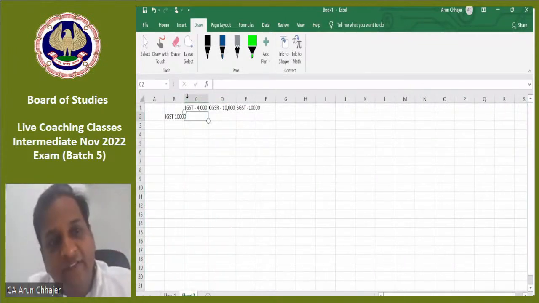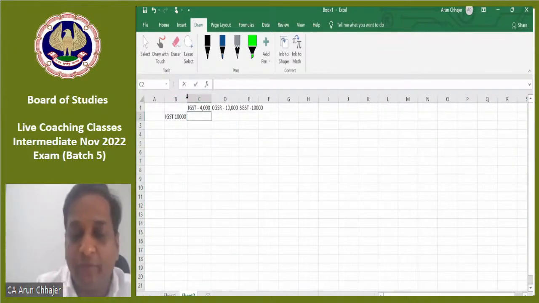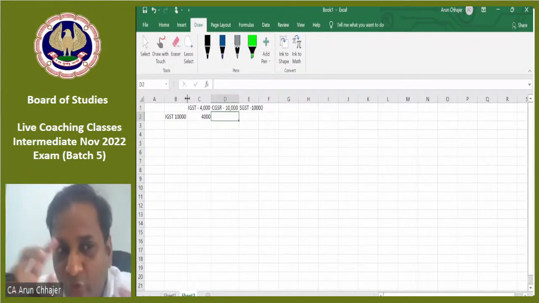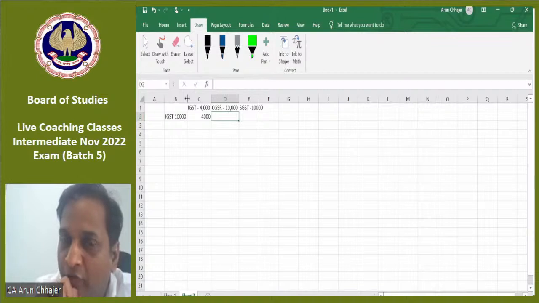So I first take from CGST. No, it will take first from I. And what is the balance requirement? Now we need 10,000, out of which 4,000 has been taken from its own account. So the balance requirement is 6,000.